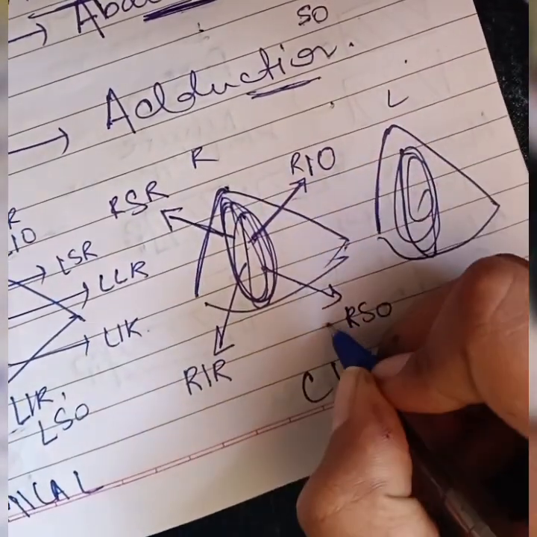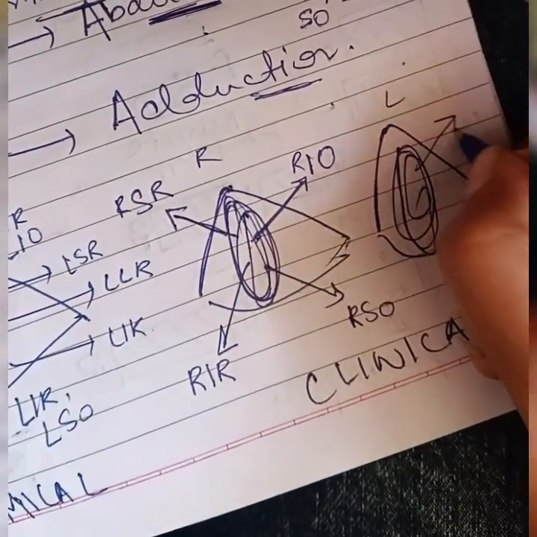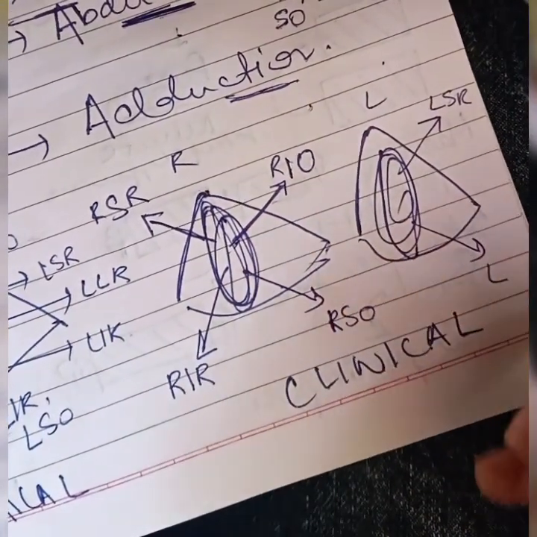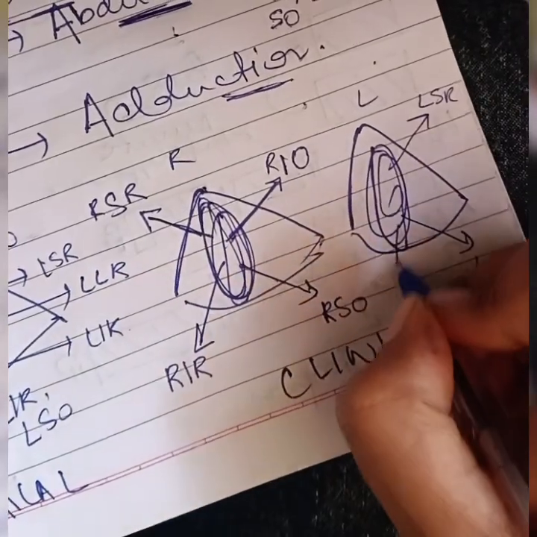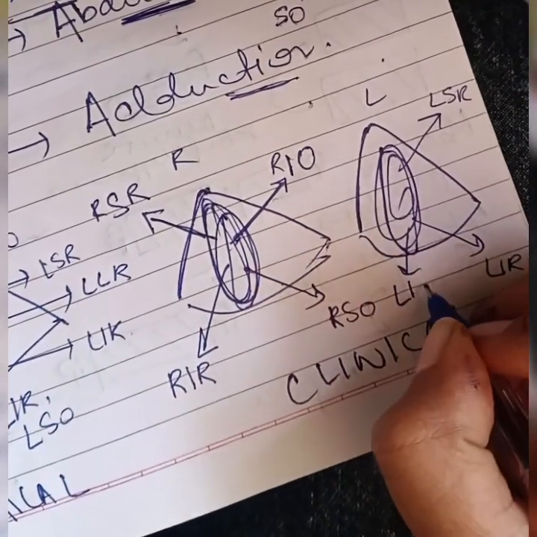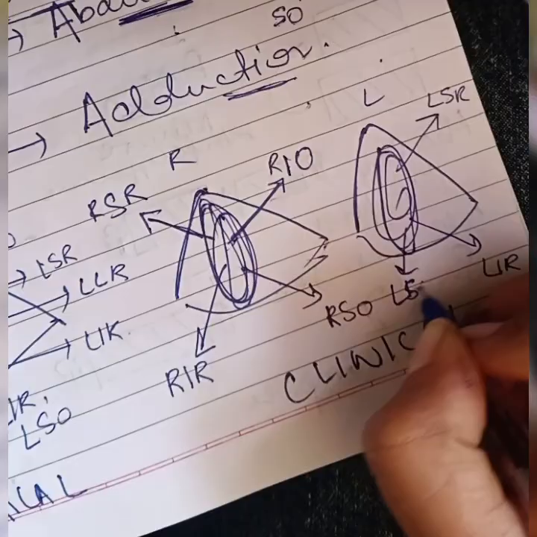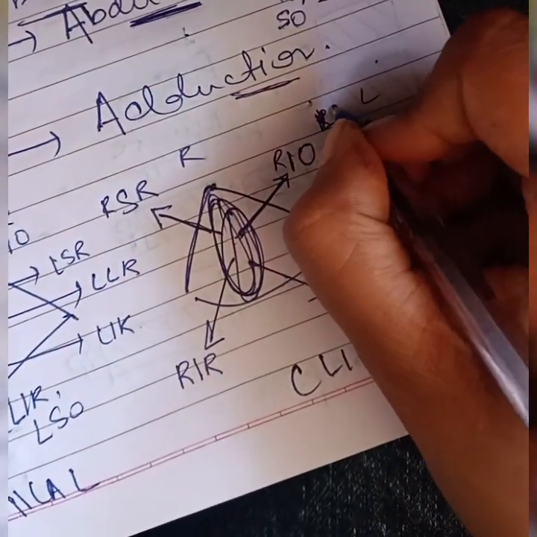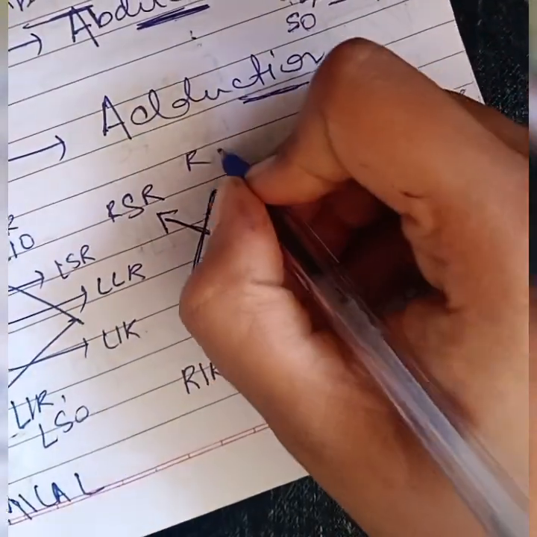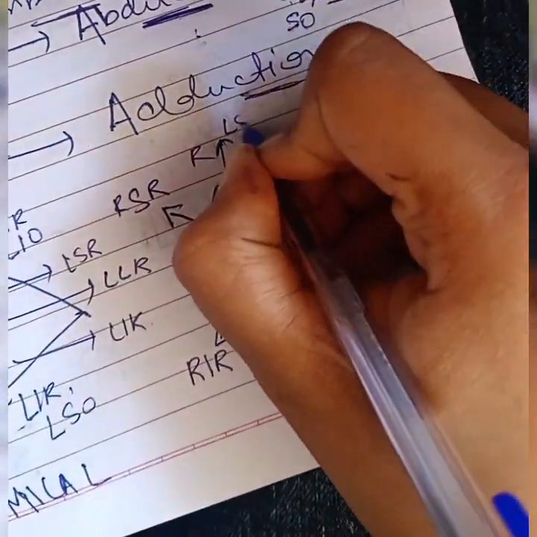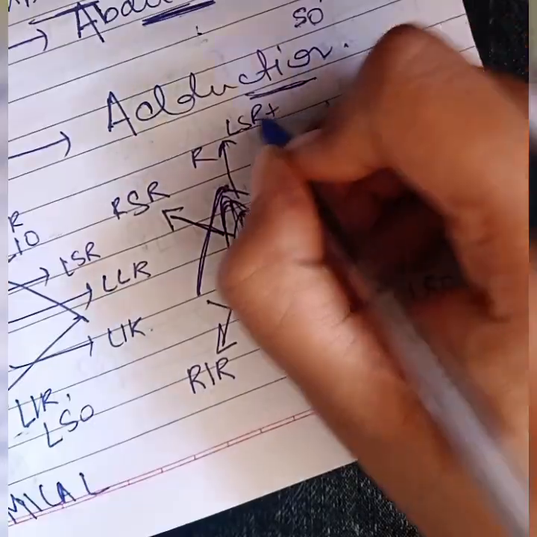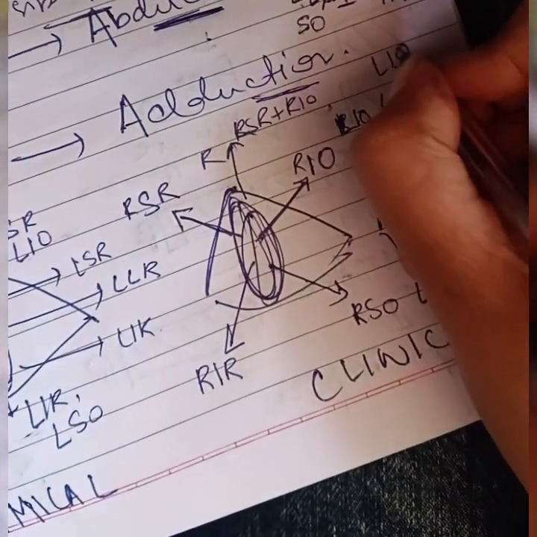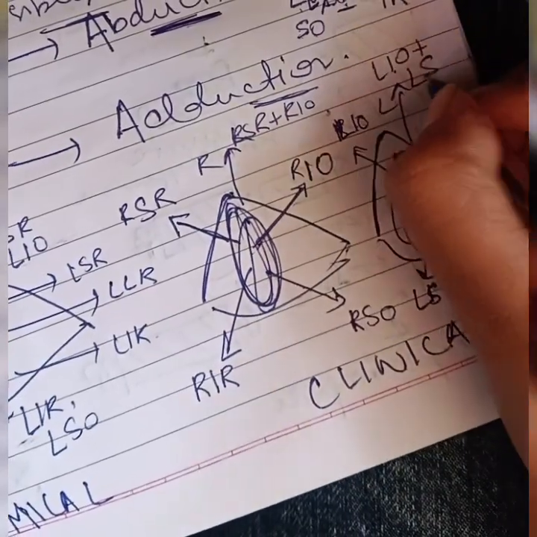Then similarly, over here would be left superior rectus, then over here left inferior rectus, left superior oblique and left inferior oblique. So if we say what is the clinical action of elevation, it would be left superior rectus plus right superior rectus plus right inferior oblique, and over here also left inferior oblique plus left superior rectus.